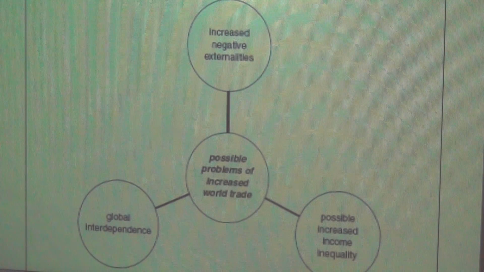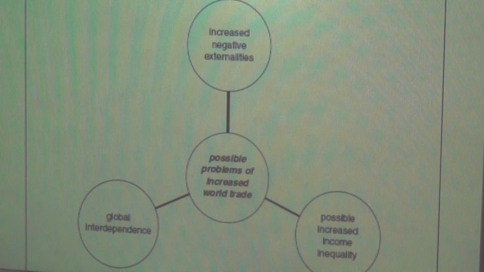Discuss whether it would be appropriate to introduce protectionist policies, and you need to know the diagrams that go alongside tariffs and quotas, and be able to discuss the pros and cons, that type of thing. So let's move on, ladies and gentlemen, page 7.